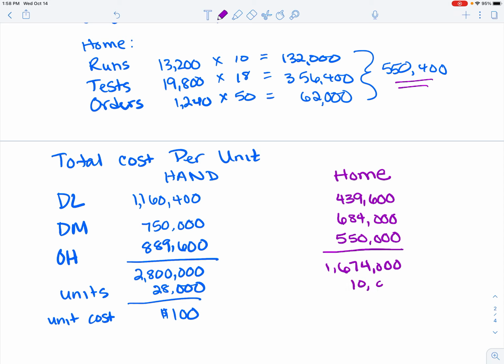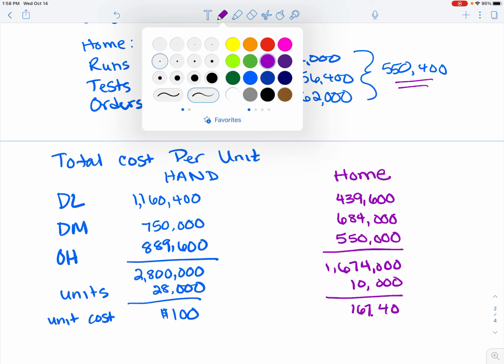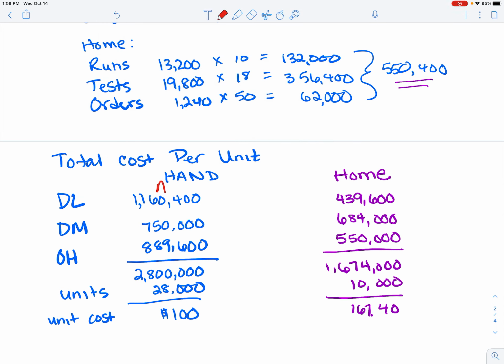You recall I had 10,000 units, which gives me a unit cost of $167.40. So under ABC costing, you can see the product cost.